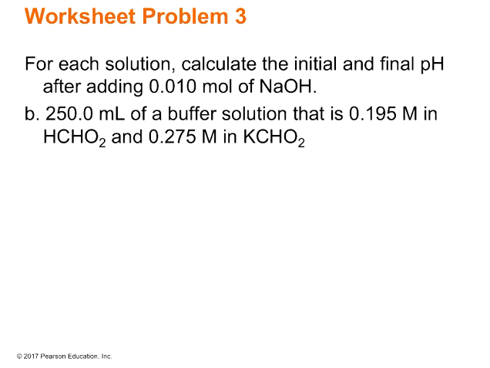All right. So in this solution, we need to determine the initial pH. So we have our acid, HCHO2, and our base. So this is potassium bonded to CHO2 minus.